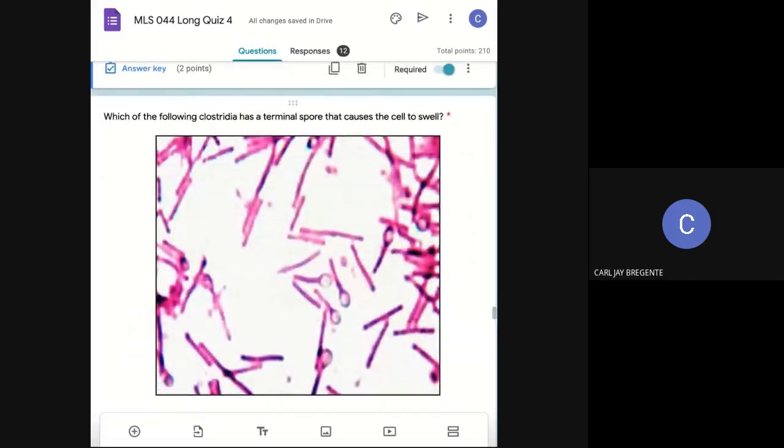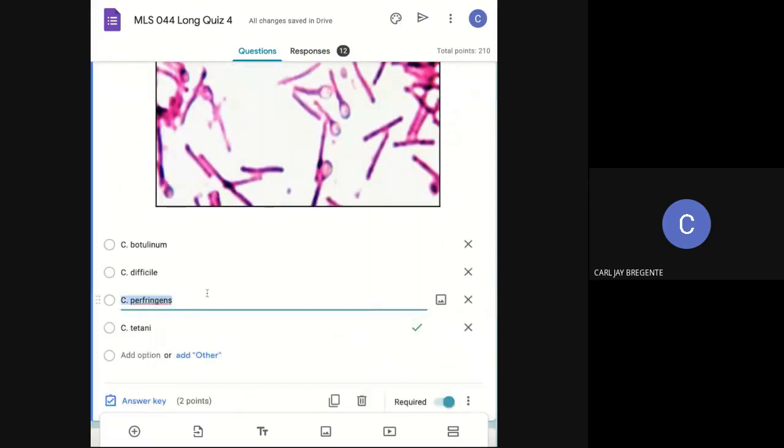Which of the following Clostridia has terminal spores that cause the cell to swell? Terminal spores, you have there Clostridium tetani. Clostridium botulinum is different, its spores are usually central.